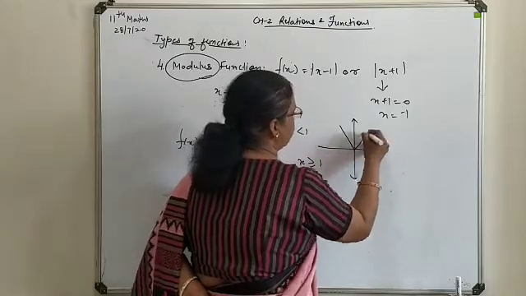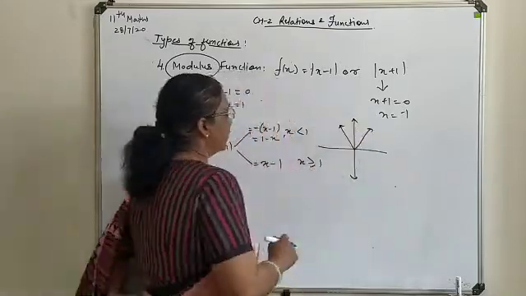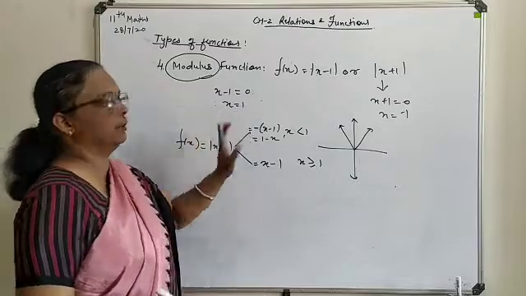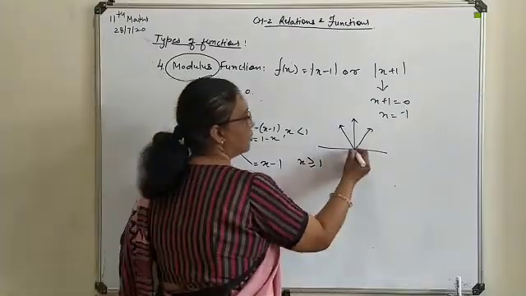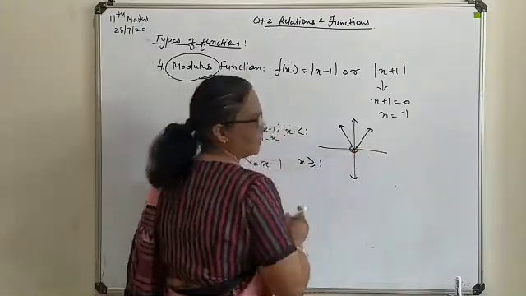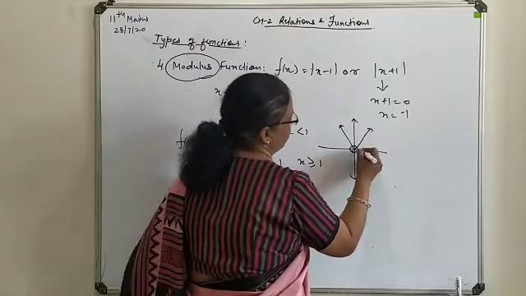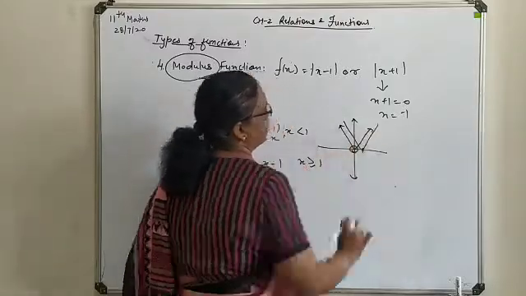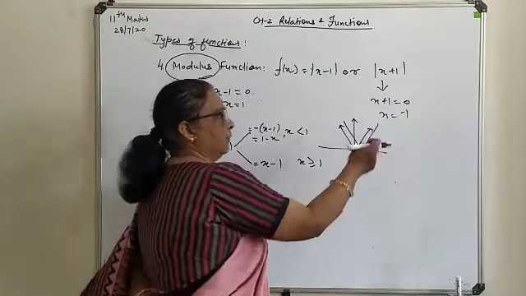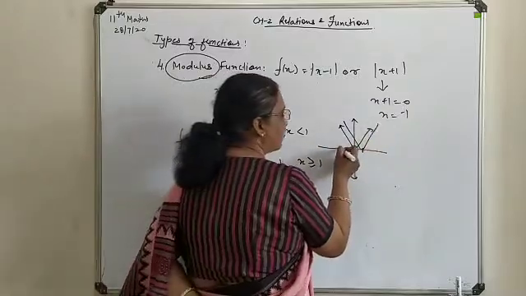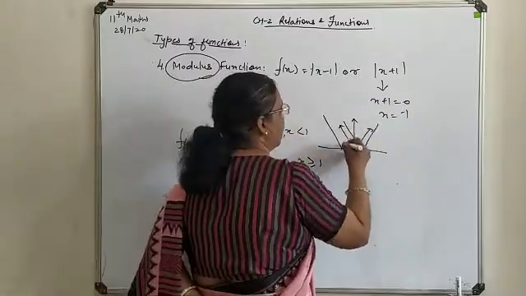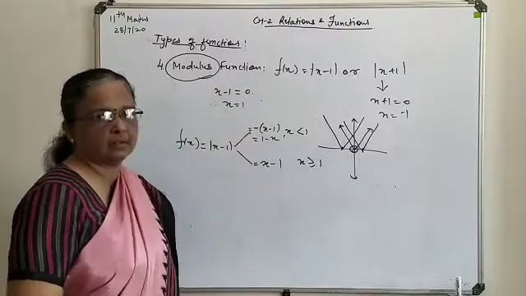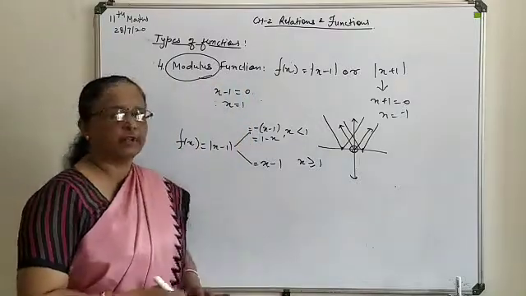Here you have this type of pattern. Here you can say x is equal to 1 will give you 0 solution. So this peak value, this diversion point, will be shifted now to 1. Otherwise the pattern will remain the same. In this case your diversion will shift to x is equal to minus 1, but the pattern will remain the same. So the format of the graph will remain the same.